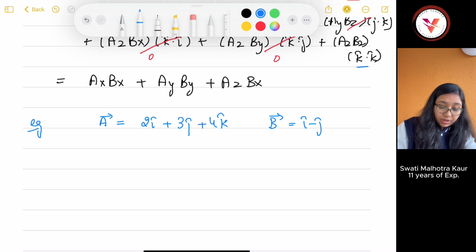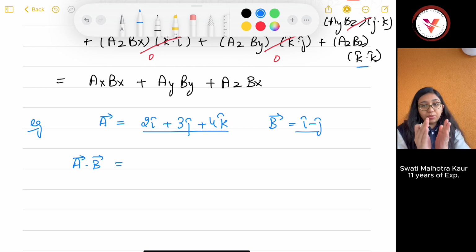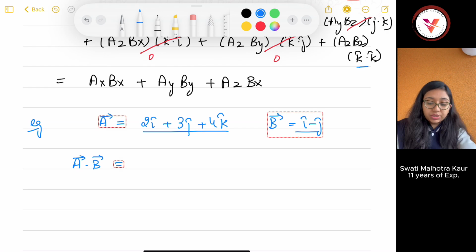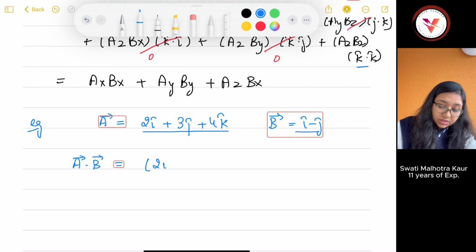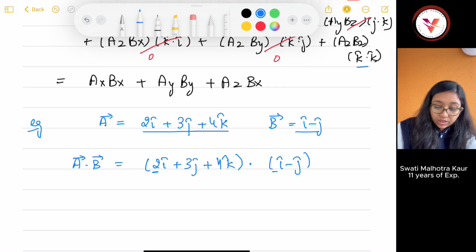So for the dot product A dot B, you simply multiply the I components together, the J components together, and K components together. So it's 2I cap plus 3J cap plus 4K cap dot I cap minus J cap. Multiply the I components: this is 2, this is 1, so you get 2 into 1 is 2.